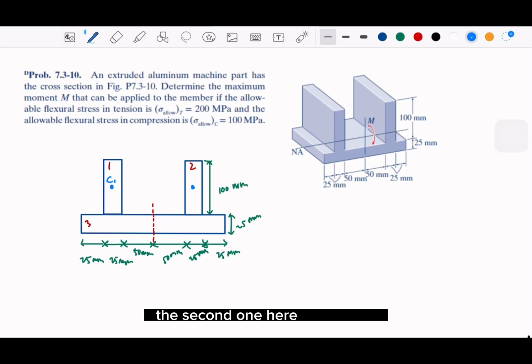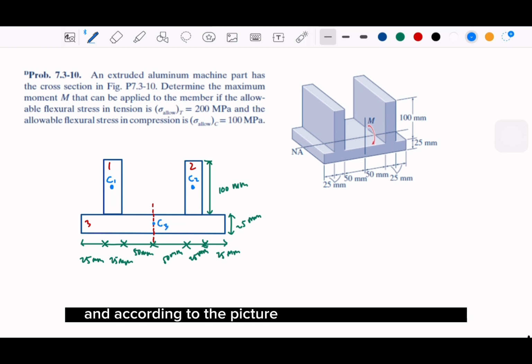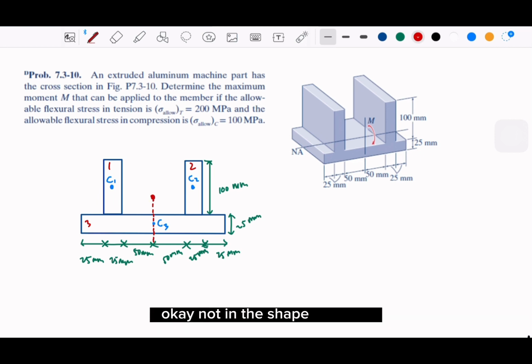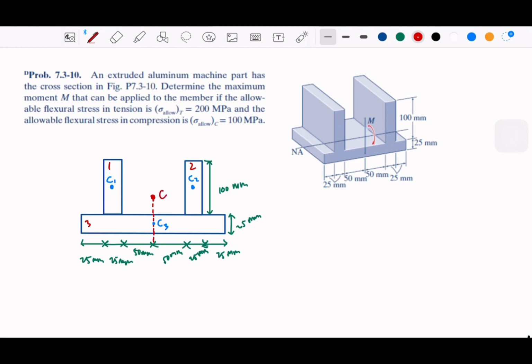The second one here, name it C2. And the third one is here. According to the picture, the neutral axis is in between here, not in the shape, but here. So this will be the total centroid. But let's check all the C1, C2, and C3.